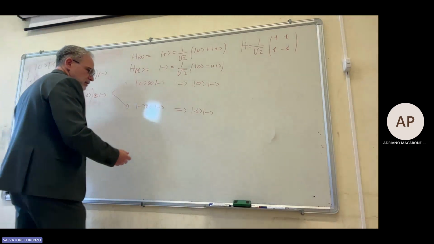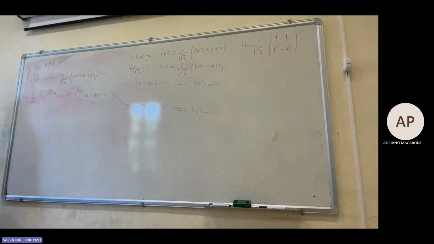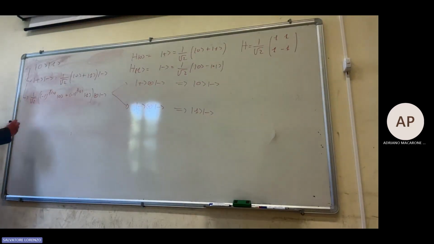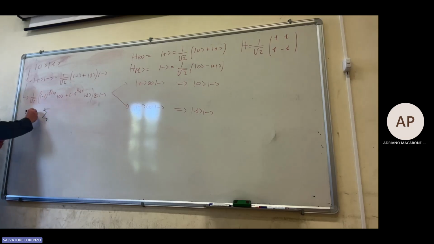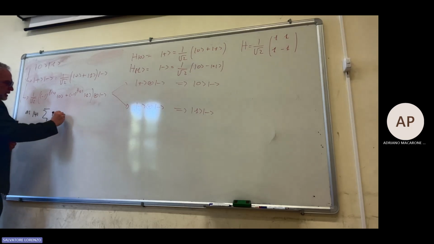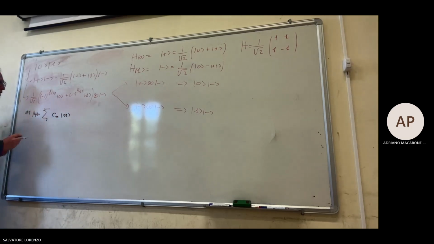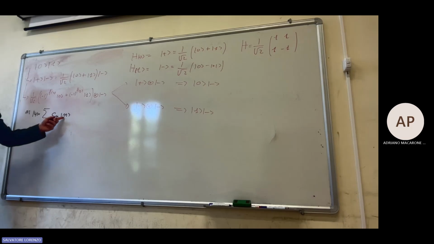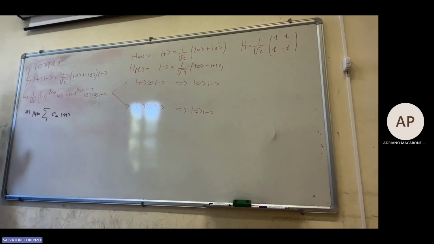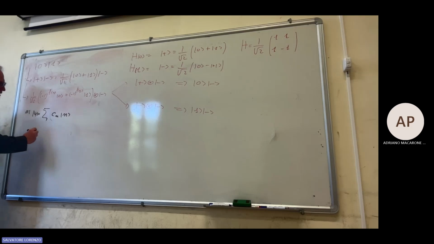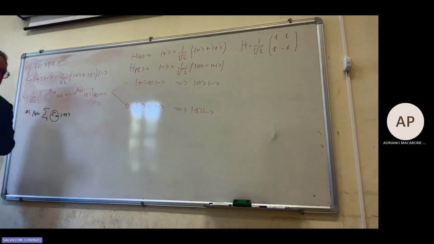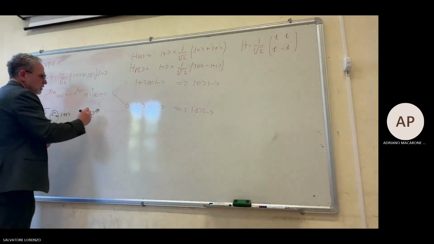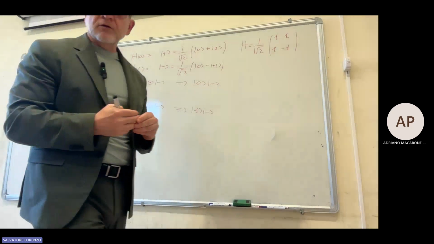But a quantum state, if it is defined on n qubits, a generic state can be written as the sum of C_n times |n>, where |n> is a complete basis for our Hilbert space. These numbers are complex, and there are 2 to the n different coefficients.